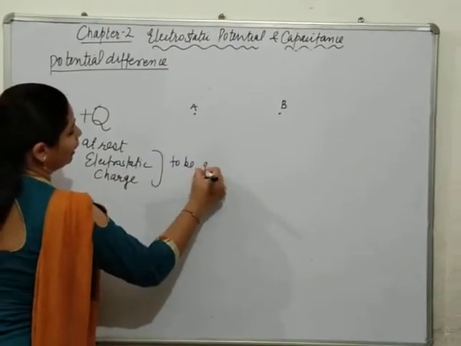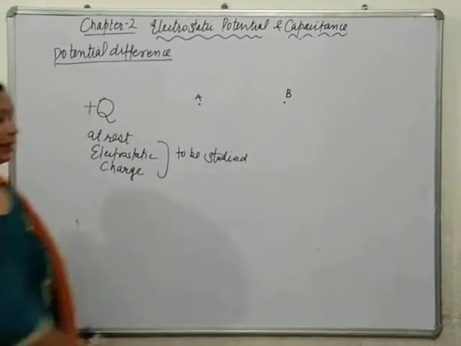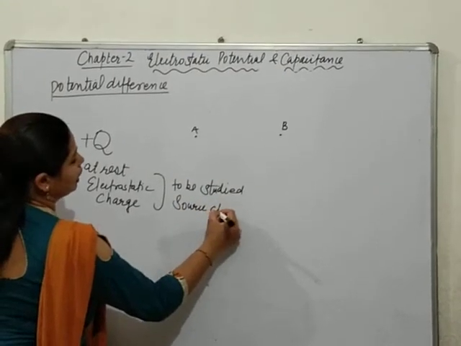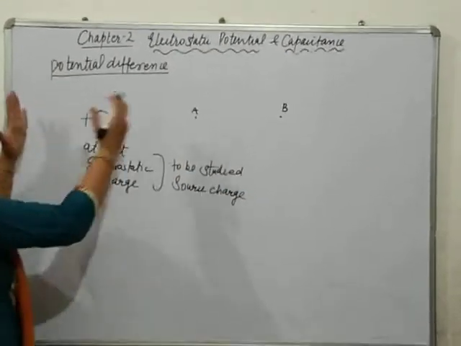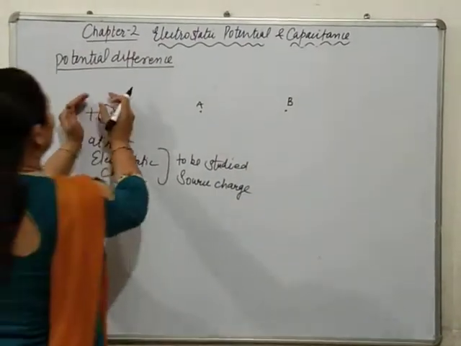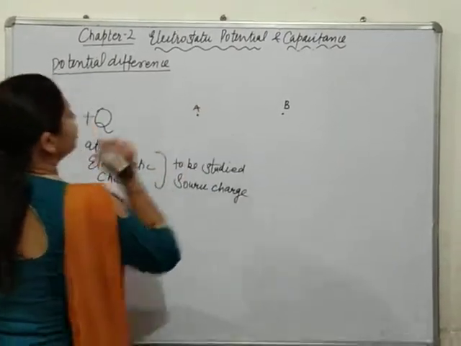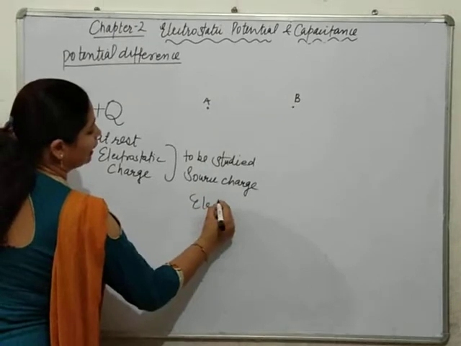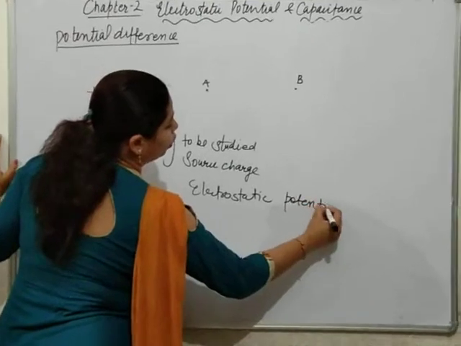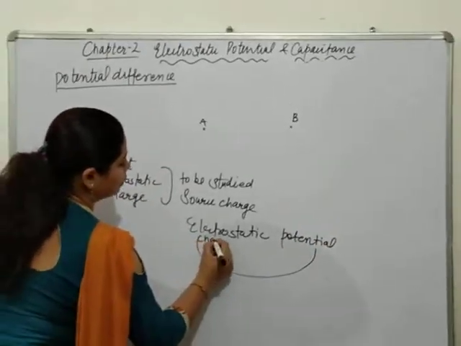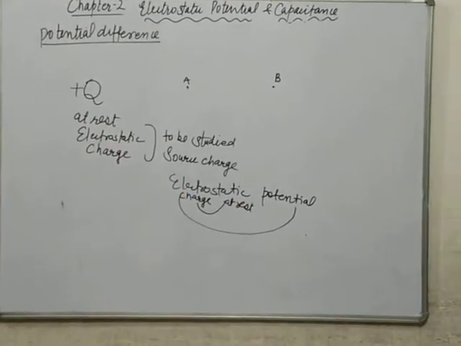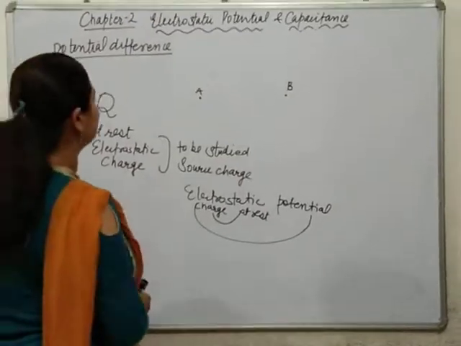We call this charge the source charge. In the neighborhood of this charge there is some potential, just as we said there is an electric field, and that is known as electrostatic potential. What is electrostatic potential? Potential due to a charge when it is at rest. When a charge is at rest, the potential is termed as electrostatic potential.